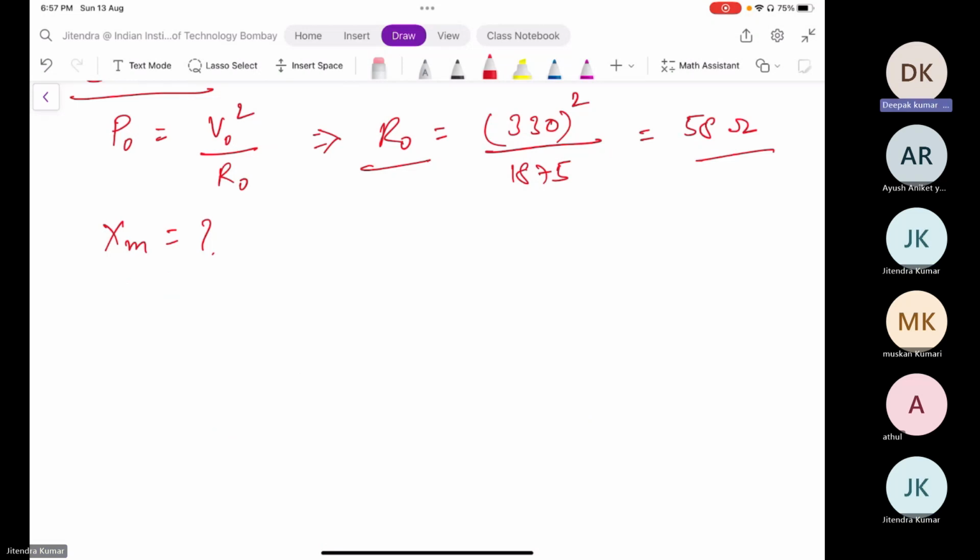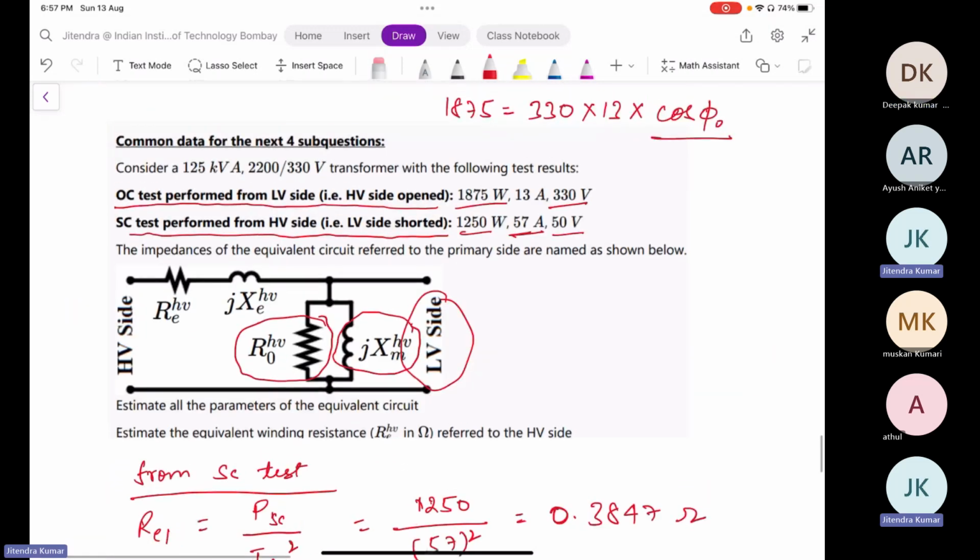Now we know the current through the resistance, which is 5.681 ampere, just V divided by R naught.